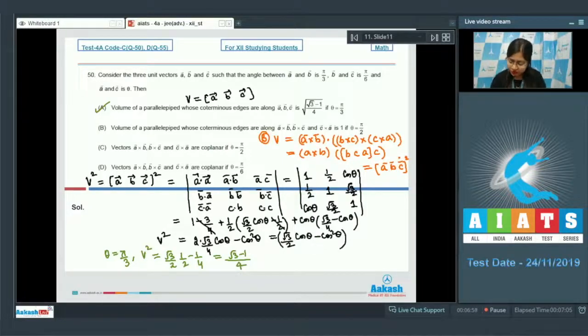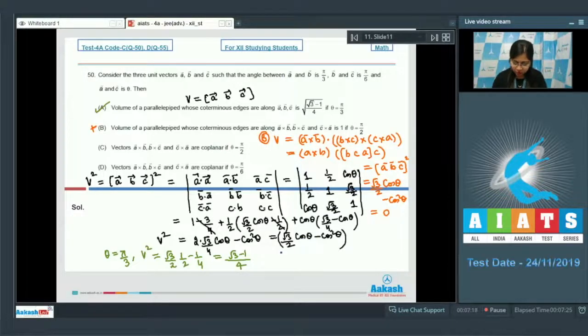So this is the volume. Now its value we already know is equal to root 3 by 2 cos theta minus cos square theta. Now for theta equal to pi by 2, the value will be 0 minus 0, that is 0. So this option is incorrect.